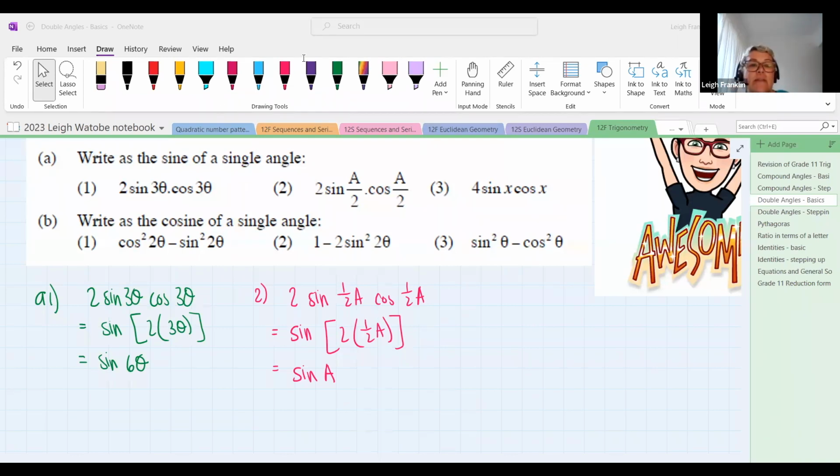Okay, now for number 3. Number 3 again is a little bit of a trickier one. Let me explain to you what's going on over here. Okay. So they've given us 4 sine x cos x. And when Yolanda and I were saying that trig is about rewriting things in different ways, you can see how that's constantly what I'm doing. And what you guys are doing as well.